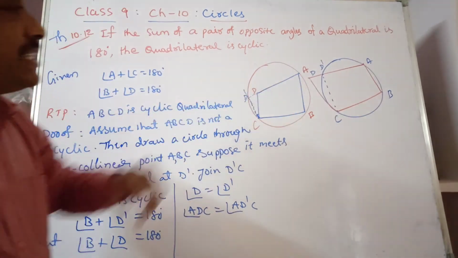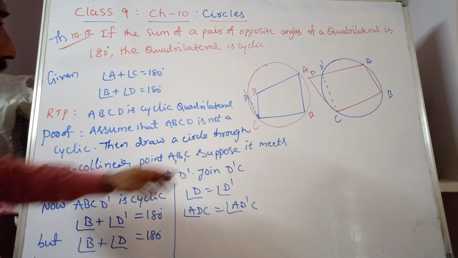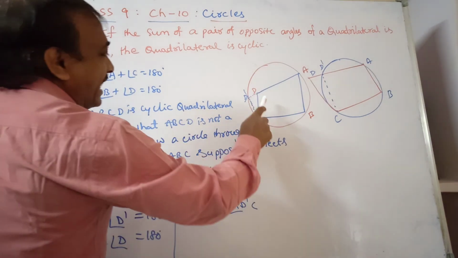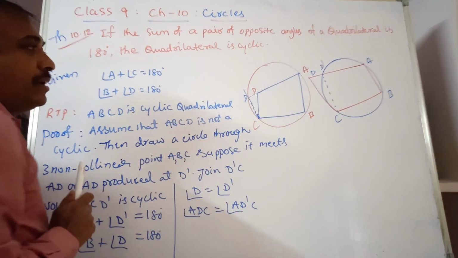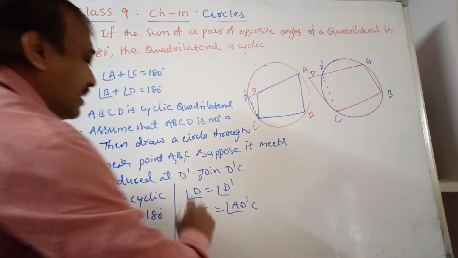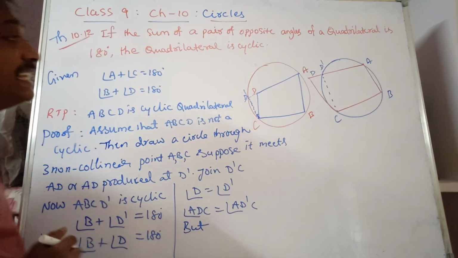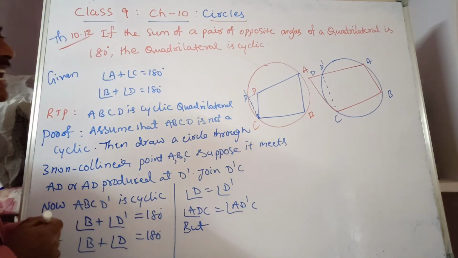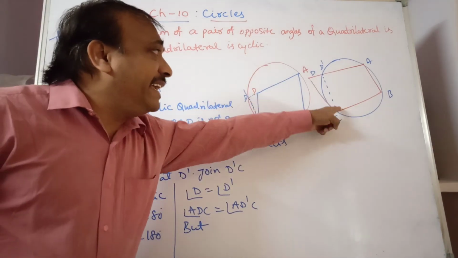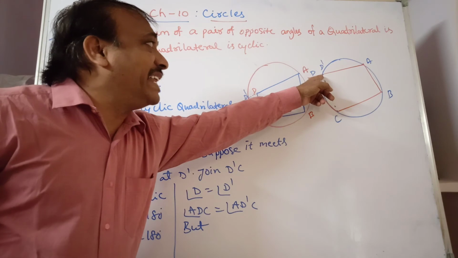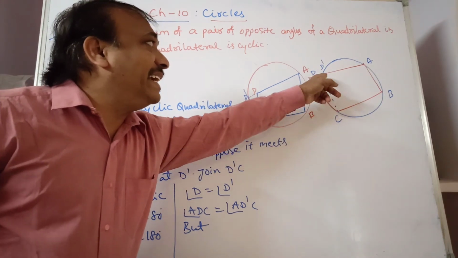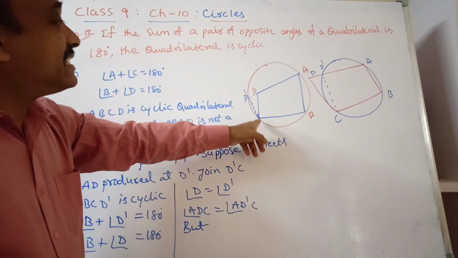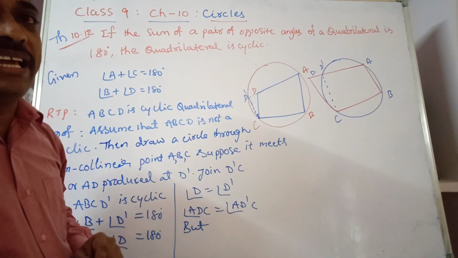But you see CD prime. Observe it. Here angle CD prime D is an exterior angle of triangle CDD prime, and angle ADC is the interior opposite angle.